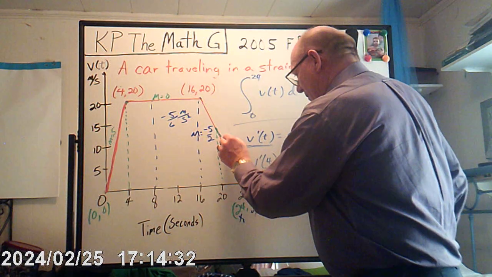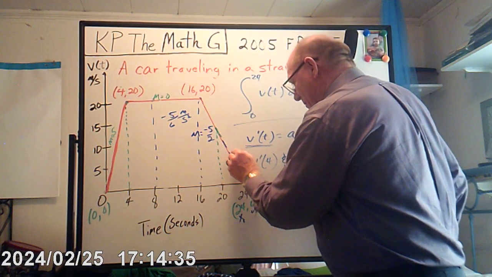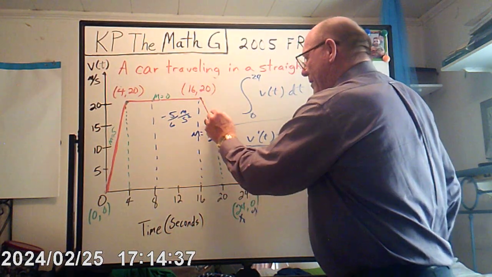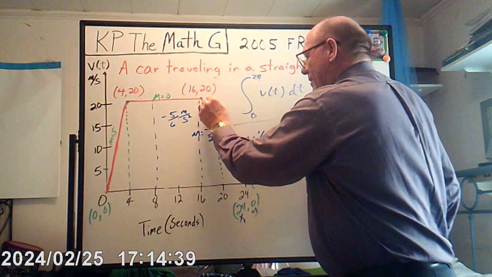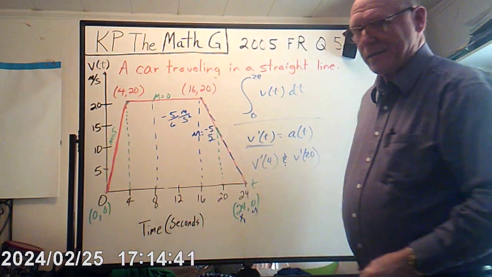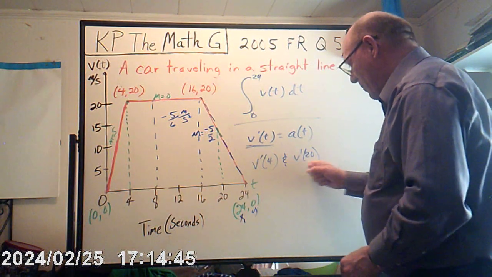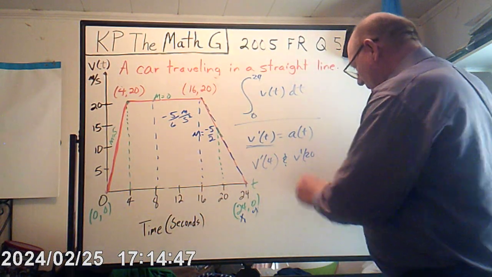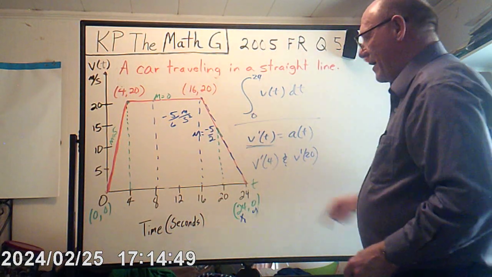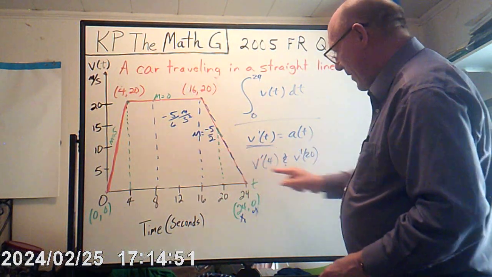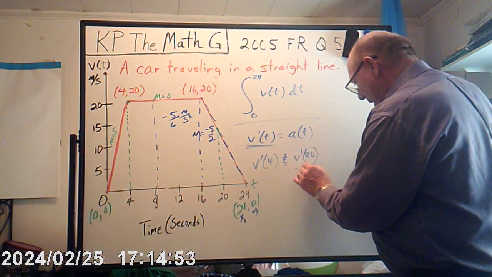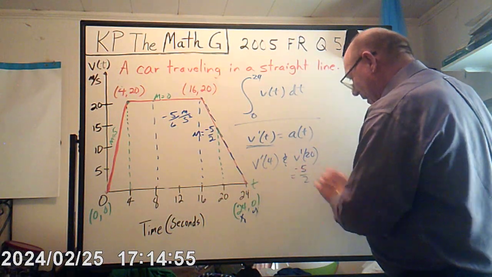When you take V prime, you're taking the slope anywhere on that line right there, on any of these lines. And so this is the slope here. That means slope of the tangent line. So these slopes are negative 5/2. So this one would be negative 5/2, equal to that.